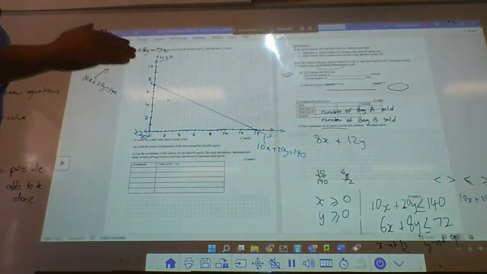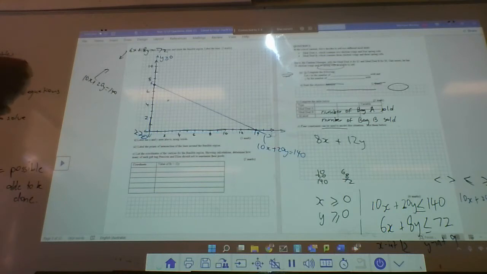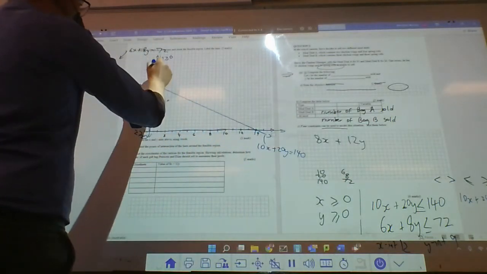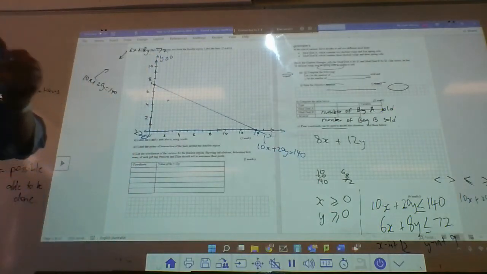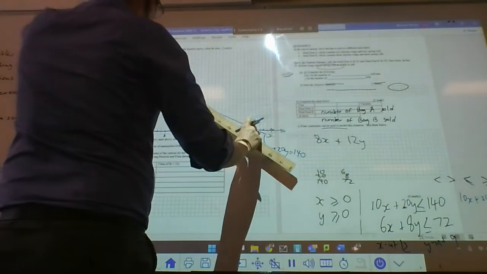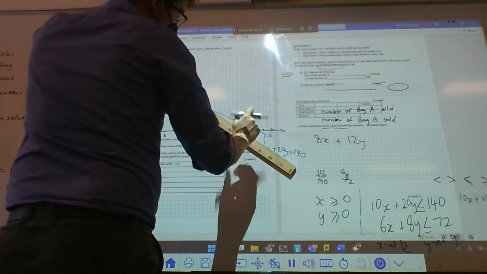We find what those two intercepts are. What do we do next? Plot it. 12 and 9. Then you get your graph. Here we go.